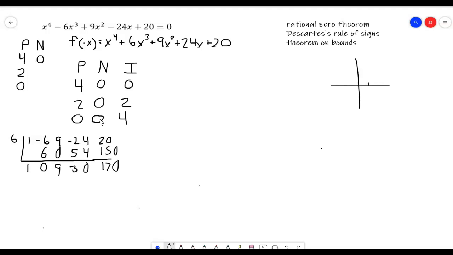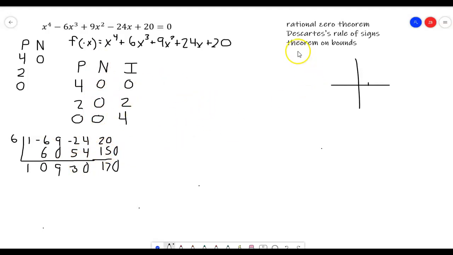But if I wanted to find out what my smallest root was, I could start with -1, -2, -3, and then I'm looking for the first time that I have all alternating signs, going from positive to negative to positive to negative, or from negative to positive. In that case, I can treat 0 as negative or positive, just to make sure I have alternating signs. And then that would be my smallest one. But I don't even need to check them in this case because I can't have negative roots to begin with.